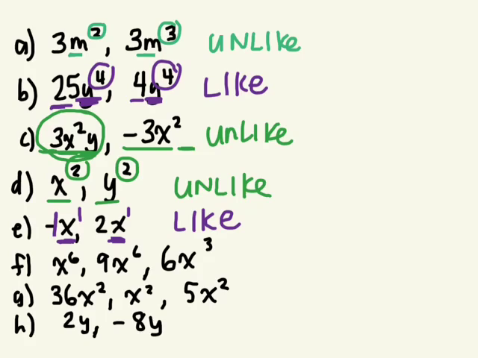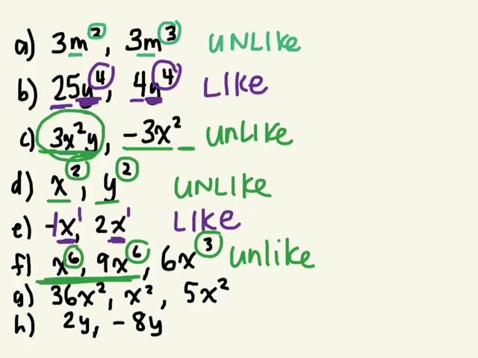What about F? Like or unlike? Who thinks they're like? Unlike. Good. Why are they unlike? Priyanka? Good. Not all of the exponents are the same. Excellent. Are any of these terms like terms in this expression for F? X to the power 6 and 9x. Yes. Good.